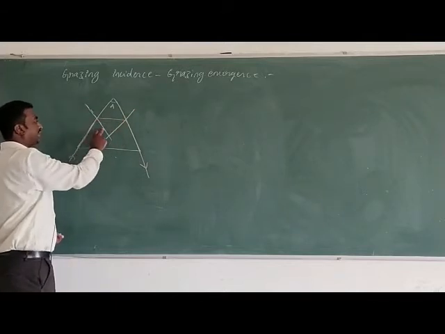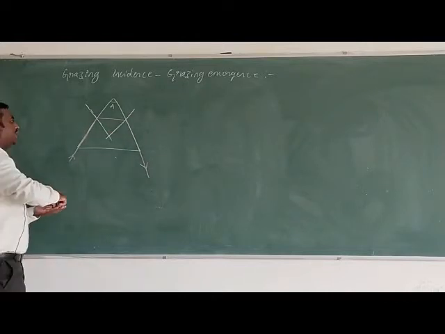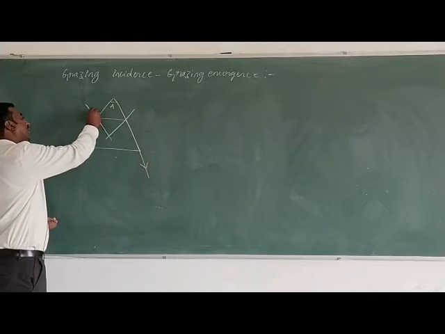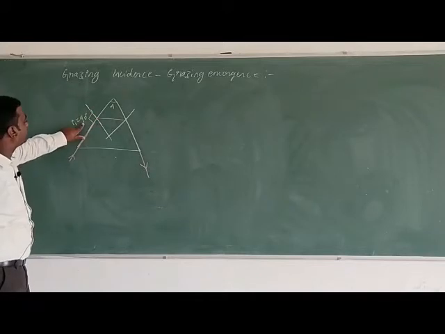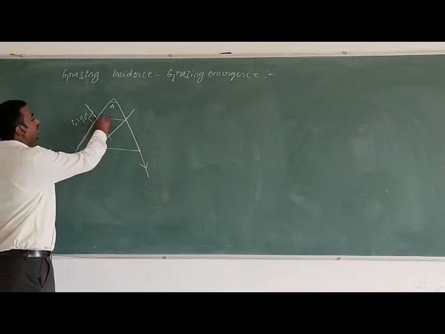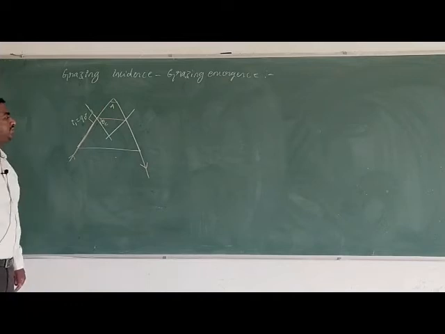First refracting surface normal, second refracting surface normal. Now what is the angle of incidence here? It is I1 equals 90 degrees. When the angle of incidence is 90 degrees, the corresponding angle is the critical angle theta c.